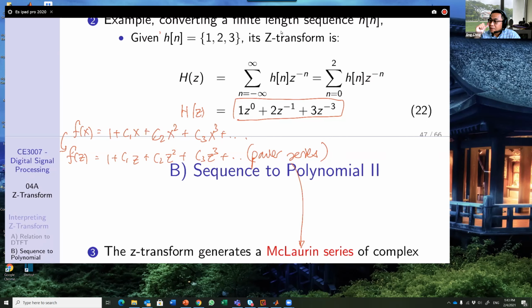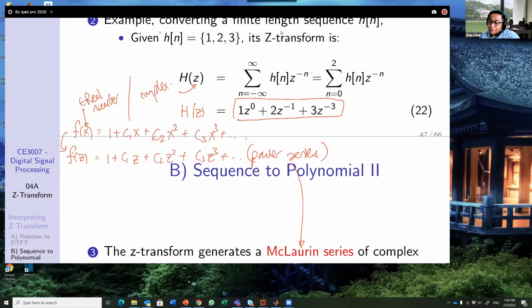Okay, so you have done this in A level, and you have seen that the Maclaurin series basically represents a function as some power of some variable. Always remember that our variable z is a complex number. And in your typical A-level problem, x is a real number. That's the only real difference between f of x and h of z.